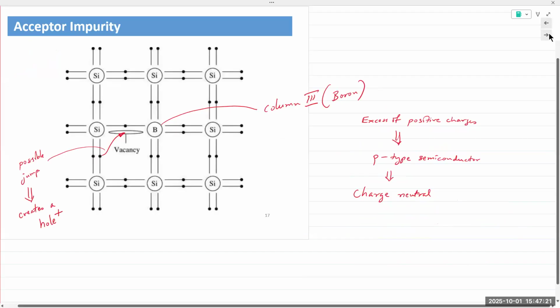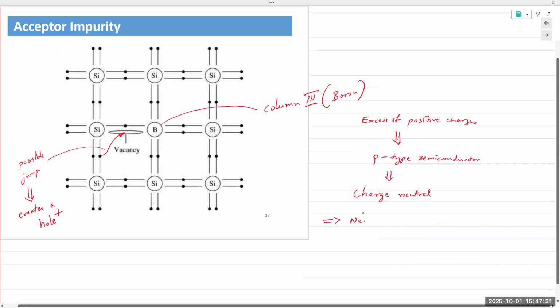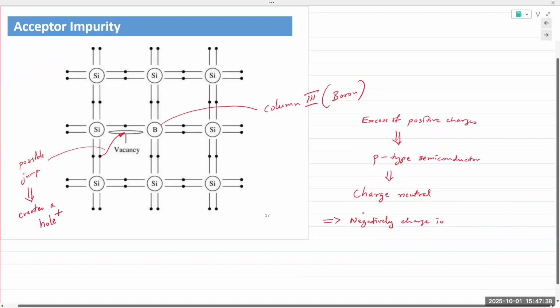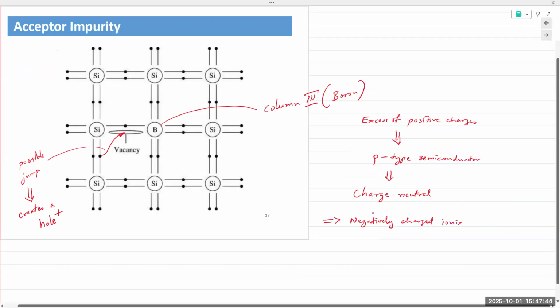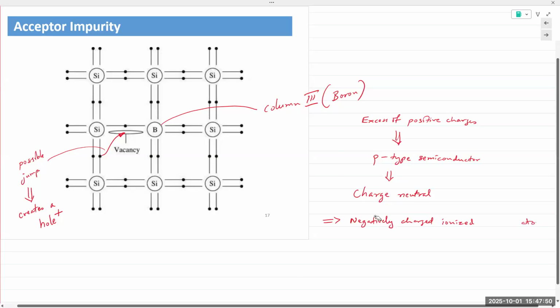So the acceptor atoms are receiving a net extra negative charge, which is not balanced by their nucleus, and hence these are negatively charged ionized acceptor atoms.